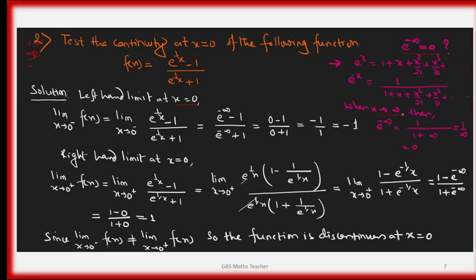When x tends to infinity, all these terms become infinite, infinity plus 1 is also infinite, so 1 by infinity is 0. That's why e to the power minus infinity is 0.